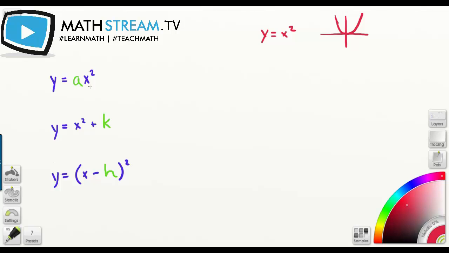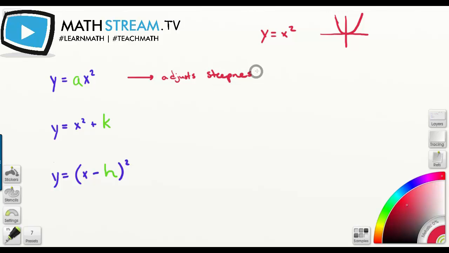What we wanted to know during class today is what happens if we adjust this graph by, say, multiplying by a number or adding a number. And the first thing that we noticed is that when we multiply by a number, which here we called a, it adjusts the steepness of the graph.